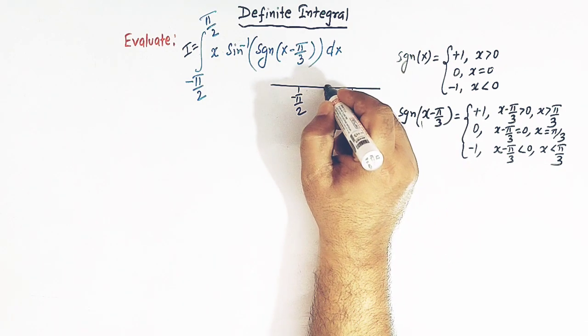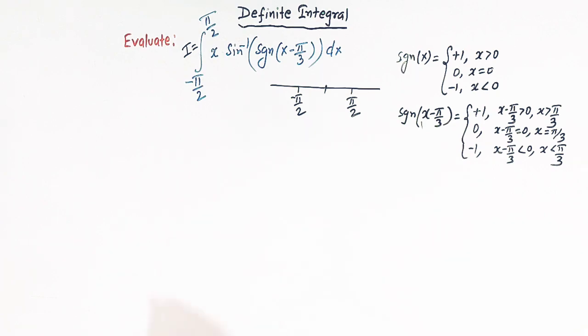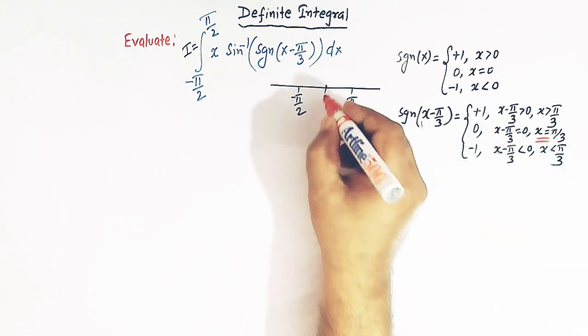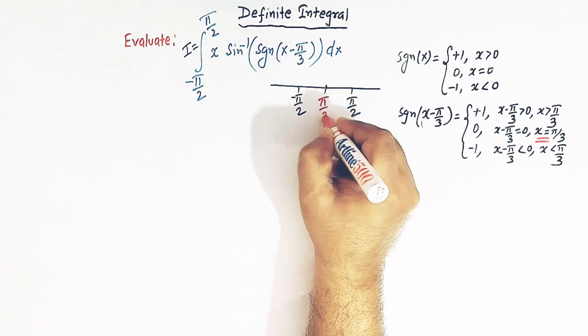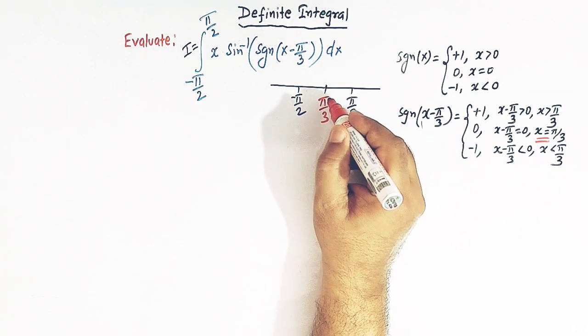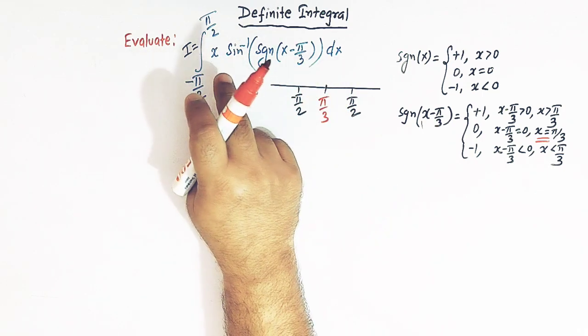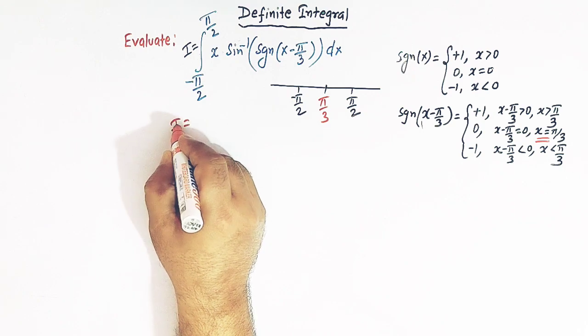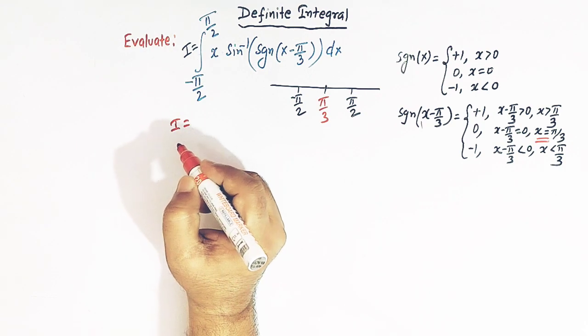Between minus pi by 2 and pi by 2, we have the point x equal to pi by 3. This is the point where we split this integral I into the sum of two integrals.